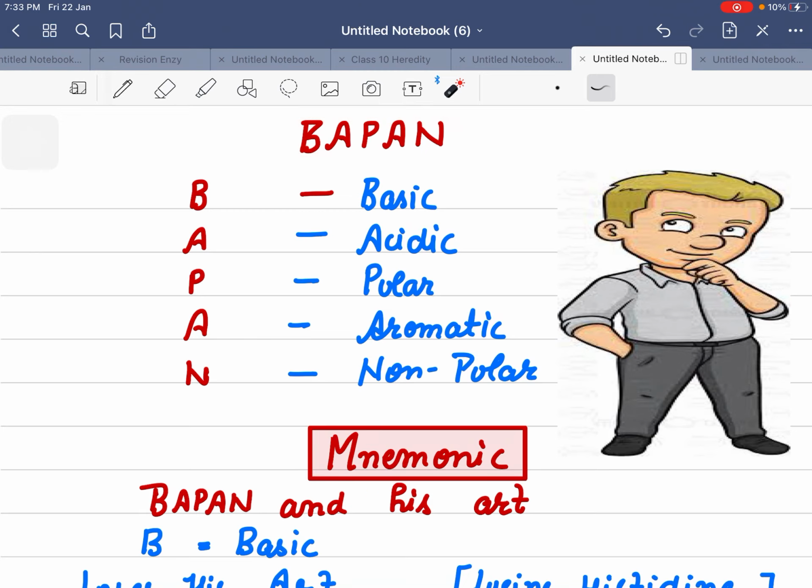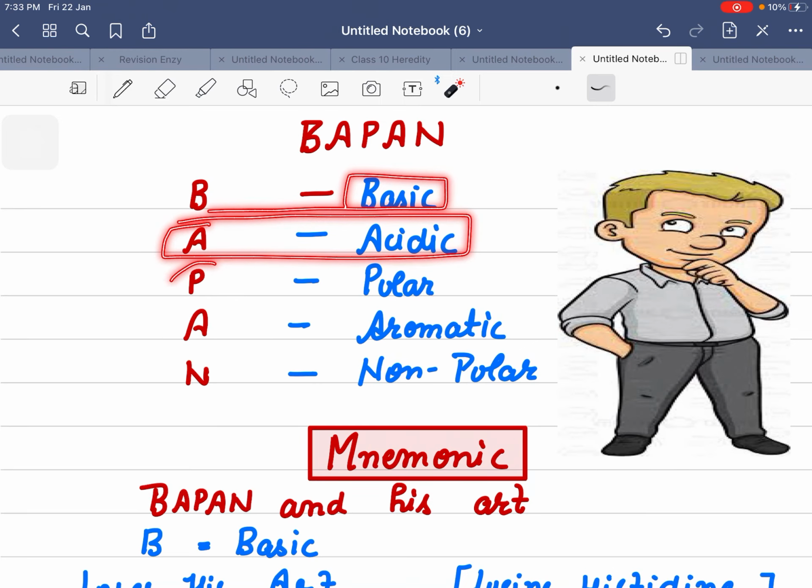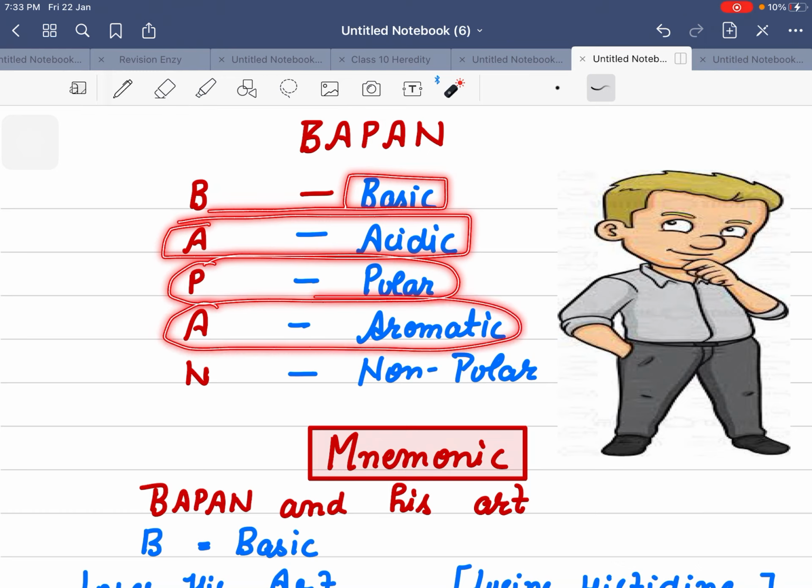Bapan is the name of a boy. We are going to classify that our amino acids can be basic, acidic, polar in nature, or aromatic with cyclic rings, or you can say a benzene ring.